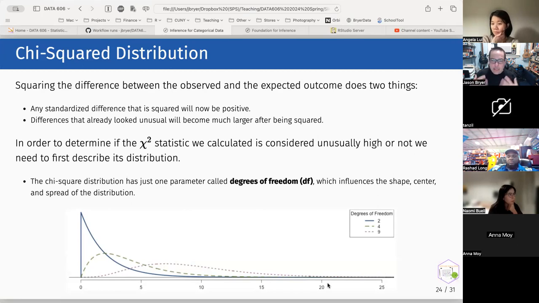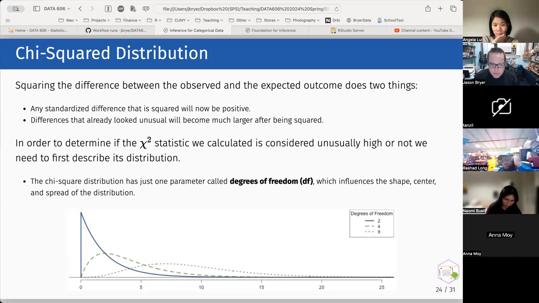Chi-square distributions also have different shapes depending on the degrees of freedom. For now, we're just going to say the degrees of freedom is simply the number of cases minus 1. Next week we'll see degrees of freedom in continuous variables, which is going to be n minus 1. It's always something minus 1. So here I have a couple of chi-square distributions.